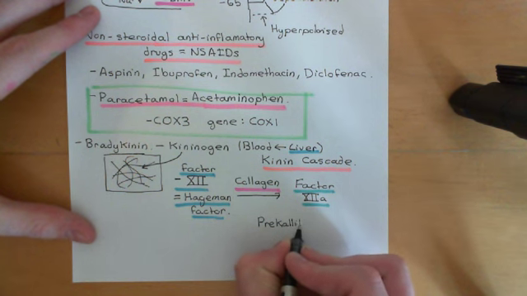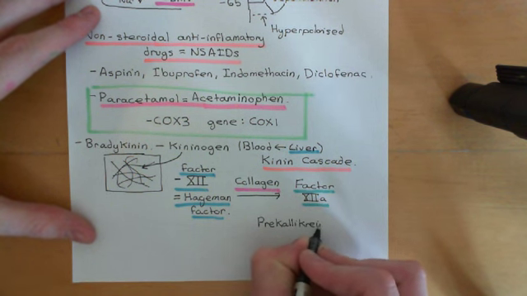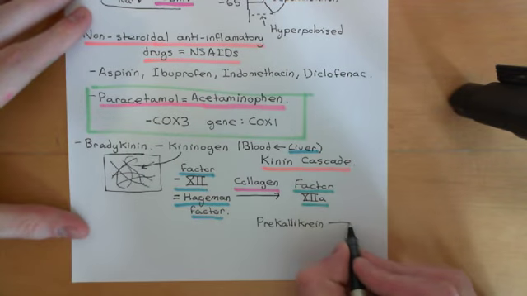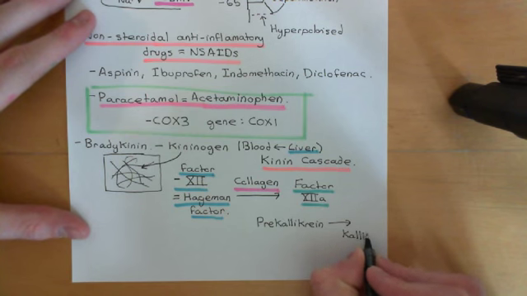Again, prekallikrein is produced by the liver and circulates in the blood doing nothing, but at this site of inflammation it can leave the blood and go into the extracellular fluid. Factor 12a can now convert prekallikrein into the active enzyme, which is just called kallikrein.